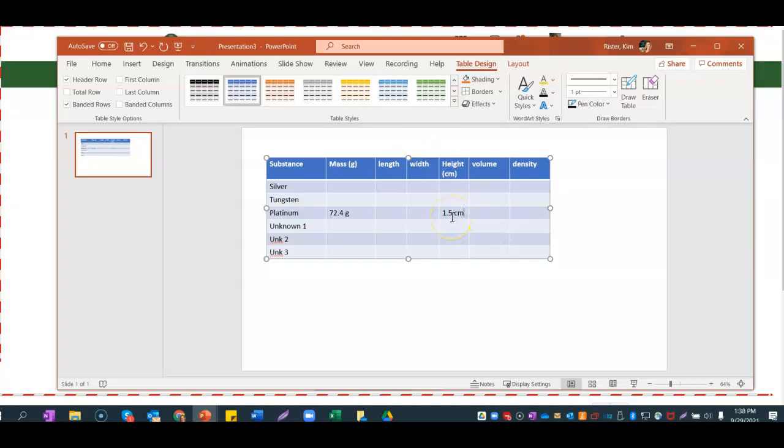So to find the volume of that, you have to multiply. So all of these would be 1.5, right? So now we would multiply length times width times height. So 1.5 times 1.5 times 1.5. So that's 3.375. You could round up to 3.4.